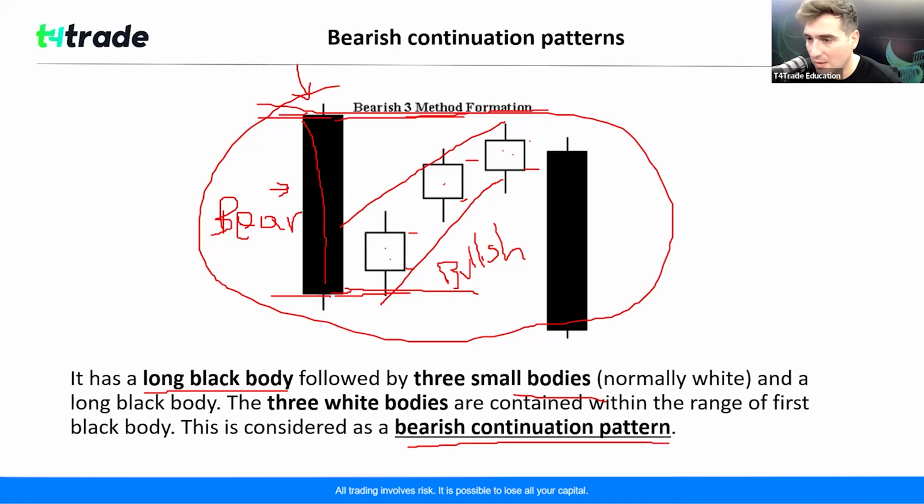So once you see this red candle being formed, a big one with a big real body, three small bullish candles that do not exceed, excuse me, the bounds of the open and close of this big red candle, okay, and you see a follow-up of a big red candle, okay, you have a high degree of chance of spotting the bearish three method formation, which is bearish.